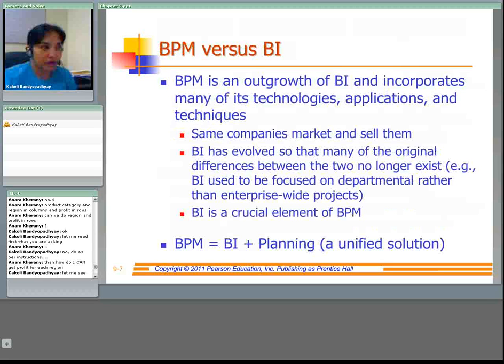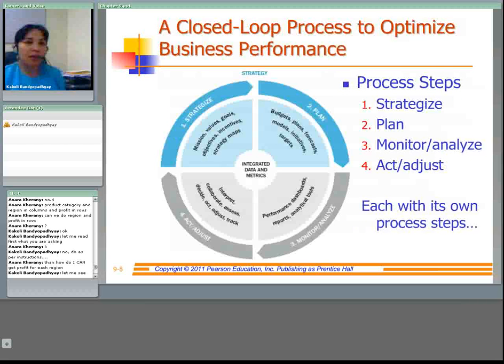Okay, now we will go for the BPM process. BPM process has 4 steps. One is strategize, number 2 is plan, number 3 is monitor, analyze, number 4 is act and adjust. Strategize: executives set the strategy. They use mission, vision, goals, objectives, incentives, strategy maps for setting up the strategy.